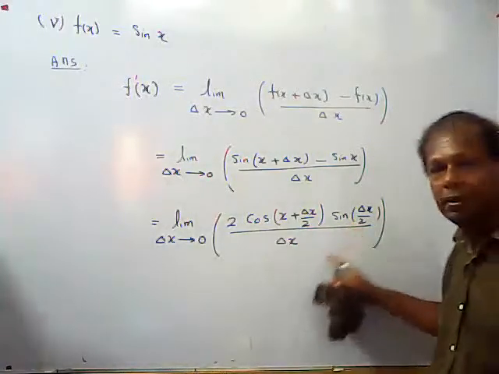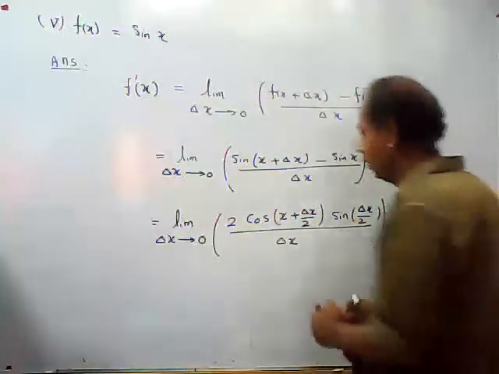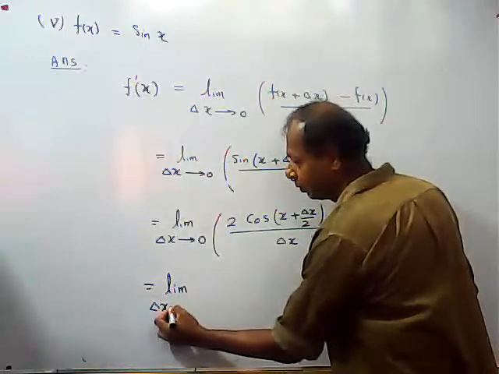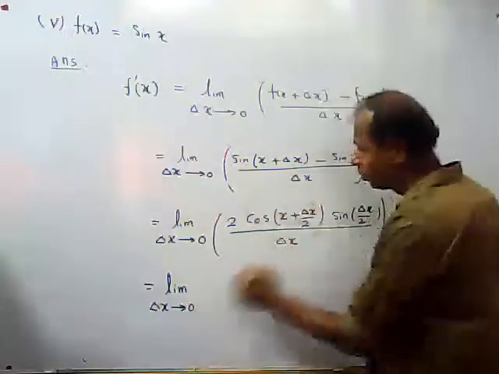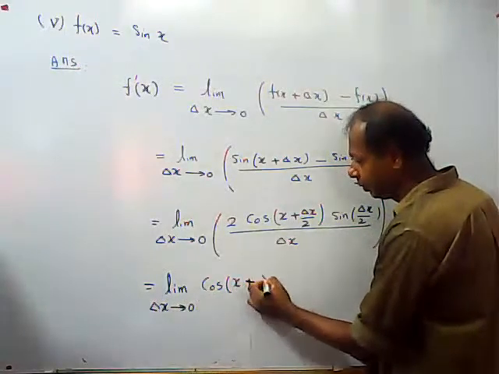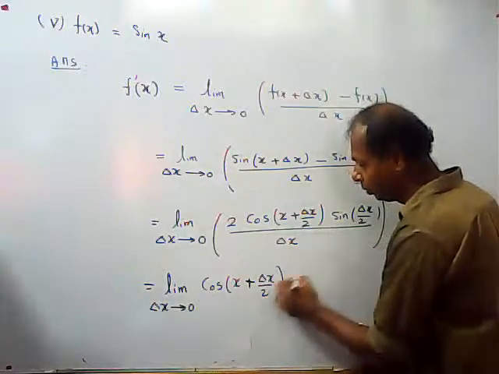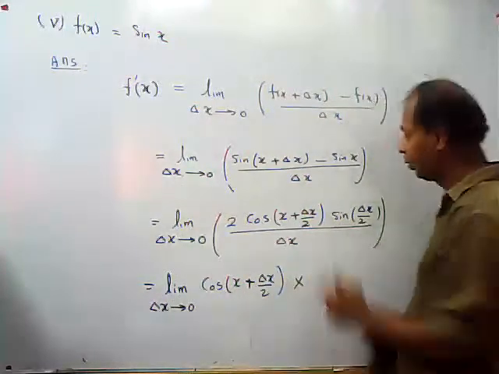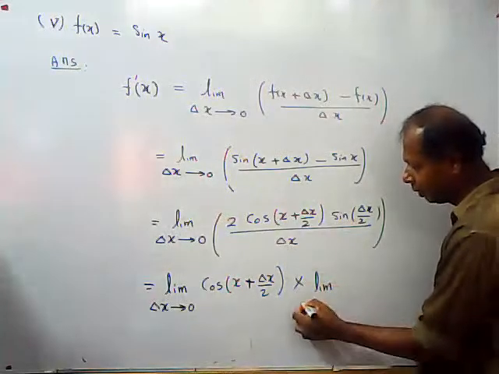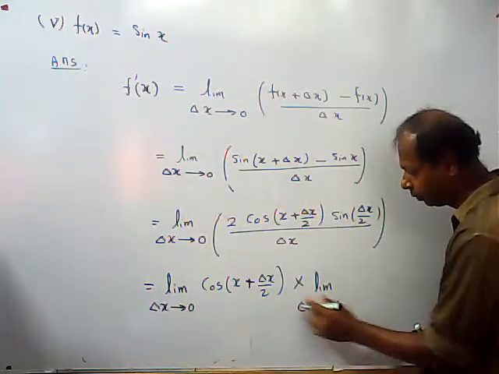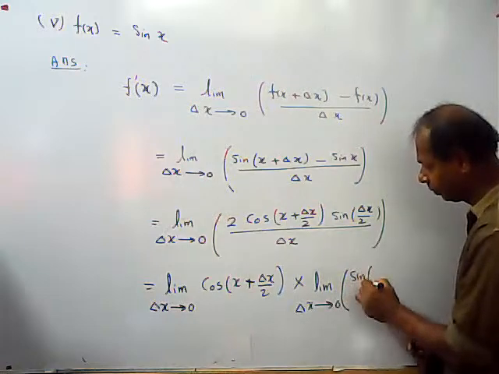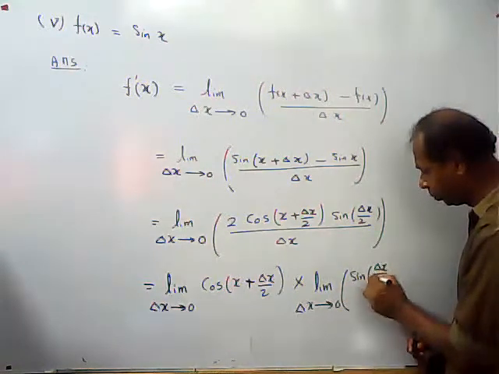So we take this part separately. So limit as delta x goes to 0, cos of x plus delta x over 2, into, taking separately, limit as delta x goes to 0, sine of delta x over 2.